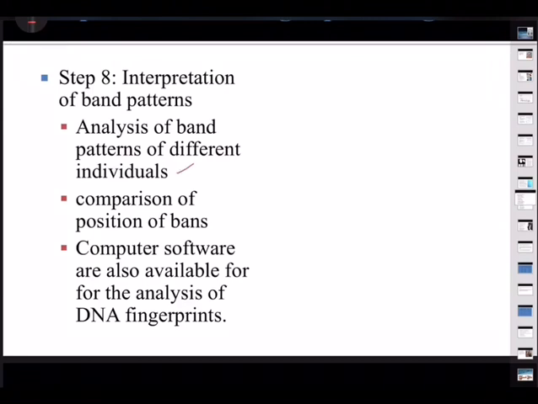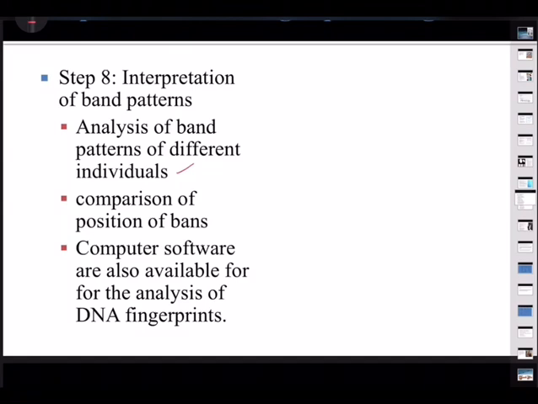Like for example, a suspect, somewhere a murder has taken place. So we have collected, let's say, the blood samples there on the spot. Now from the blood sample we get the DNA, and we use the above 7 steps. We get that band pattern, and then the police department will ask questions in the area and collect blood from the suspected people, or maybe something is available in the police station records, so they match that.